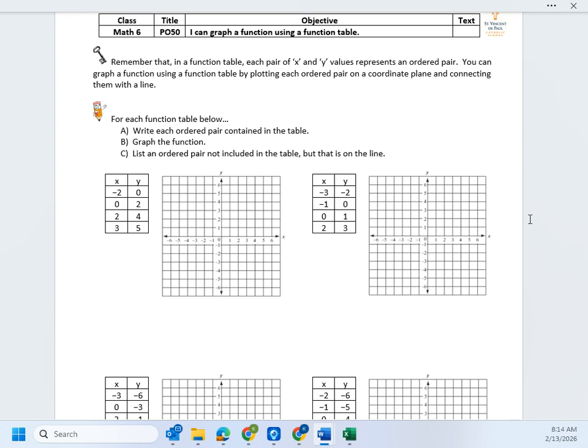You can graph a function using a function table by plotting each ordered pair on a coordinate plane and connecting them with a line. So we're going to be taking our previous objectives and putting them together today. We're not doing anything new. We're just putting all of those objectives together into one objective.